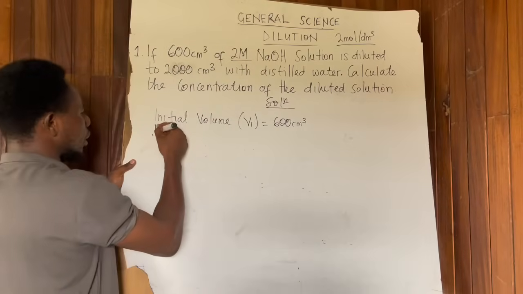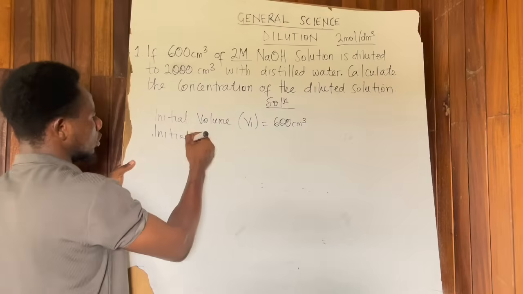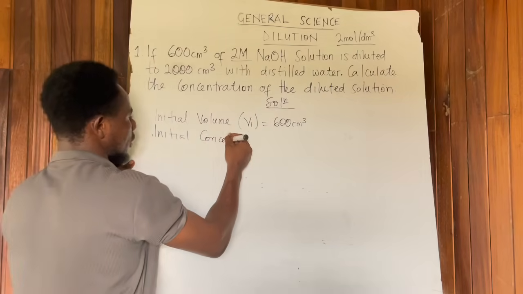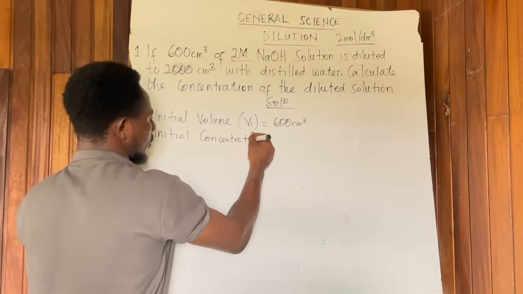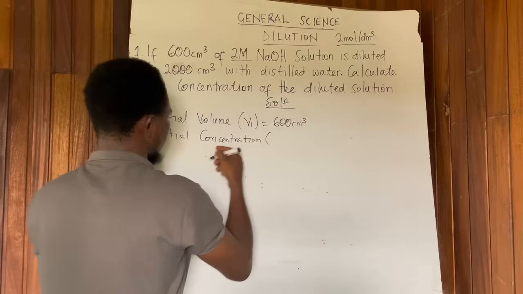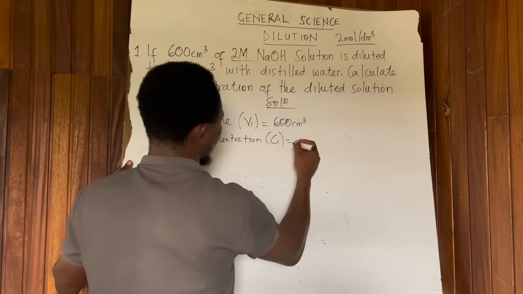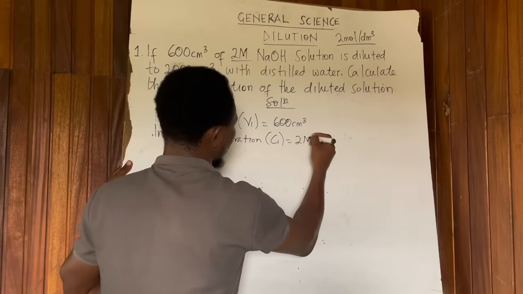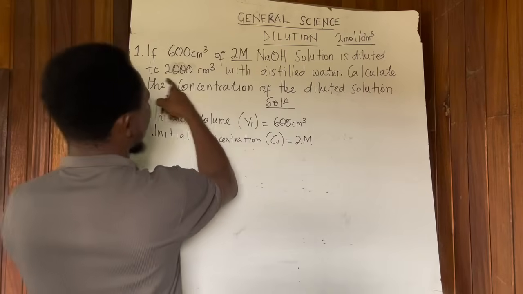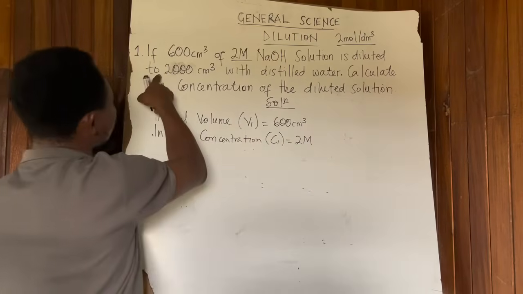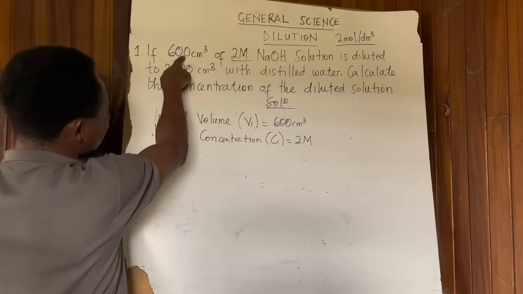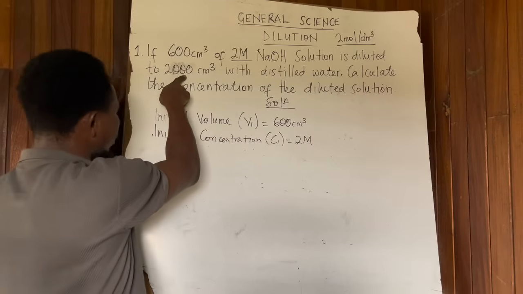So my initial concentration, which is my what? C1 is equals to 2 molar. Is diluted to. We are saying that when a solution is diluted, the volume should increase.